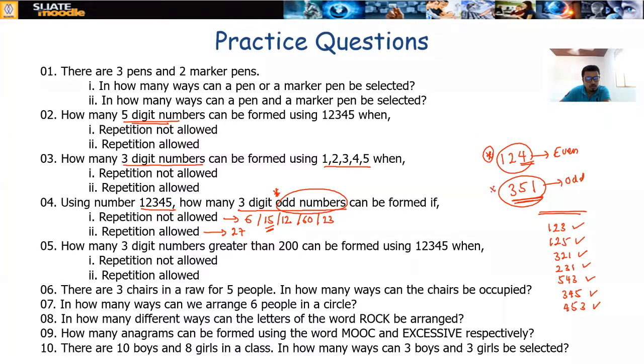But when it comes to here, it is an odd number. So what should this formed 3-digit number be? It should be an odd number. Yes, the last one.